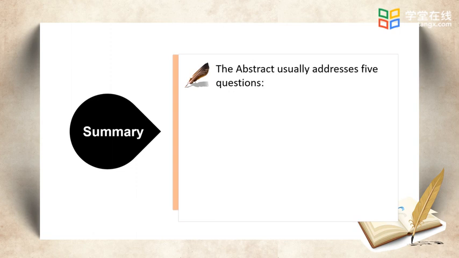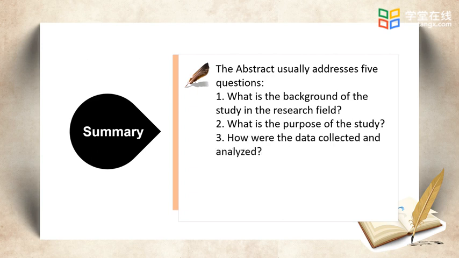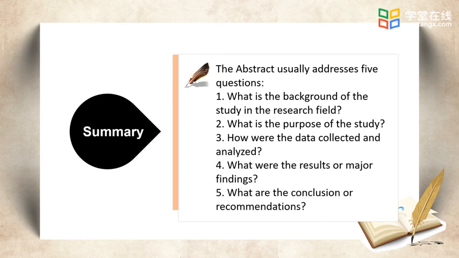Summary. The abstract usually addresses 5 questions. What is the background of the study in the research field? What is the purpose of the study? How were the data collected and analyzed? What were the results or major findings? What are the conclusions or recommendations?